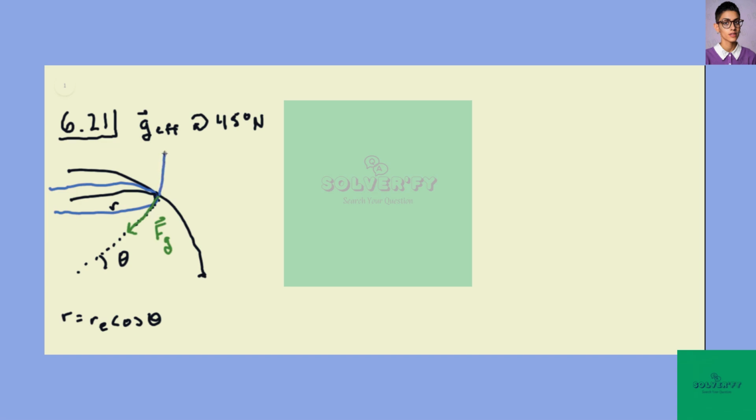And then we're going to have a normal force, which is going to be equal to negative the mass of our object times this effective acceleration of gravity. And this is not perpendicular to the Earth's surface, because these have to add up together to a net force that provides the centripetal force in this uniform circular motion.